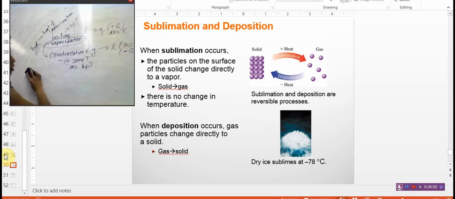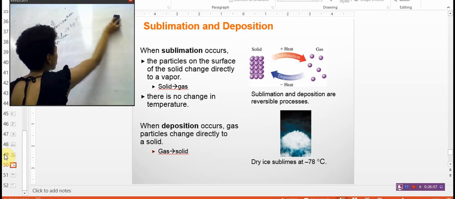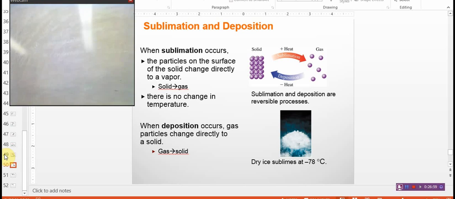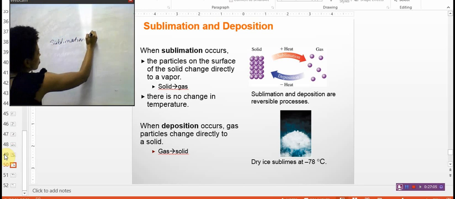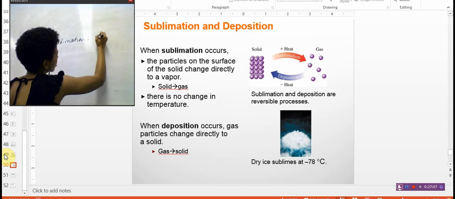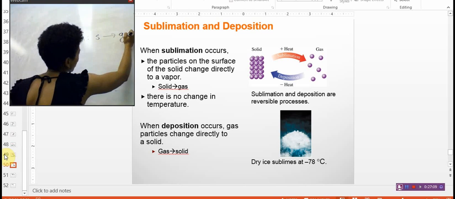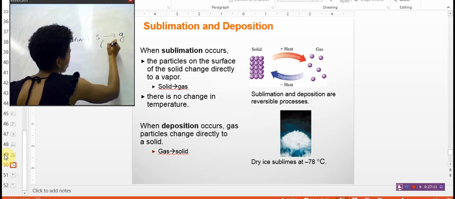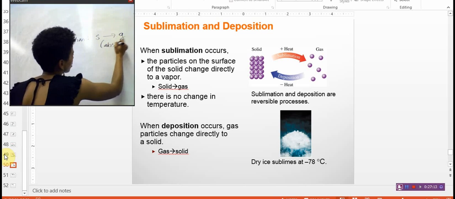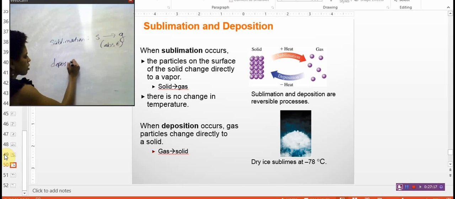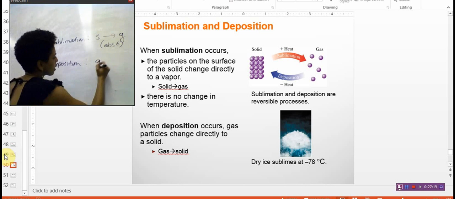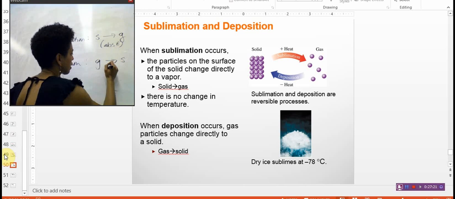Sublimation and deposition are also two opposite reactions, and sublimation is when we have a solid going directly to a gas. And we know that that has to absorb energy, and deposition is the opposite, where I have a gas going to a solid.